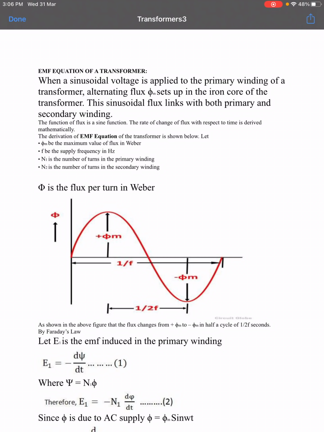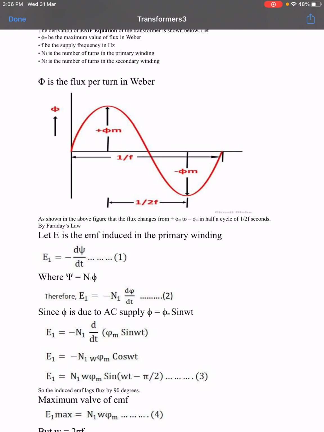We have alternating flux, phi, due to the AC supply. So phi equals phi m sin omega t. Then E1 equals minus N1 d phi by dt, where the alternating flux is phi m sin omega t. So E1 equals minus N1 times the derivative of phi m sin omega t, which gives omega into cos omega t.